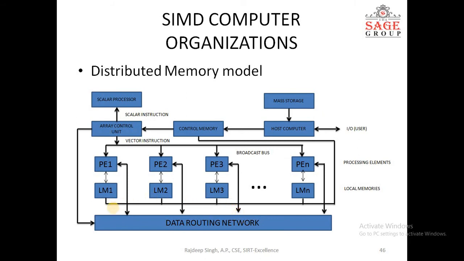So it is possible that output of some processing element is to be fed to some other processing element. So to resolve the dependency, this data routing network will be used to route the data from one processing element to another processing element, but local memory of each processor will not be shared at all. So this is the diagram of distributed memory model.